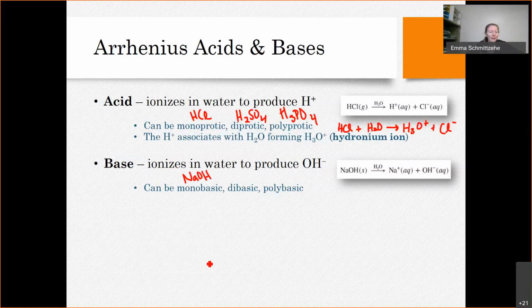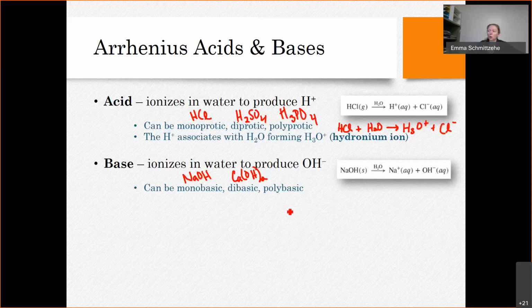So for every one NaOH, one OH minus comes off. Whereas if I instead had, say, calcium hydroxide, for every one calcium hydroxide, you have two OHs. And so it's dibasic. Whereas polybasic would be anything that has more than one.